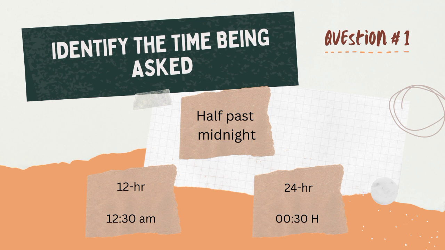Then, ang 12-hour nito is 12:30 a.m. Then, corresponding nito sa military clock is 0030 hours. So, wag natin kalimutan na ang half past midnight is 12:30 a.m. Then, sa military clock is 0030 hours.